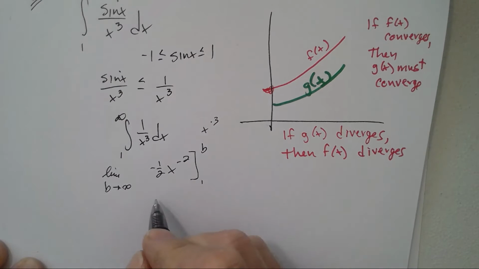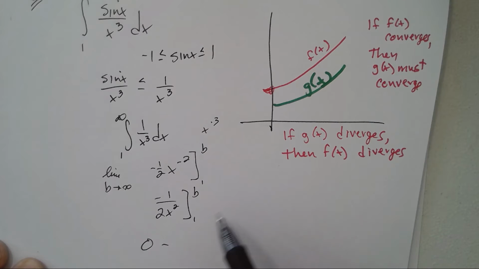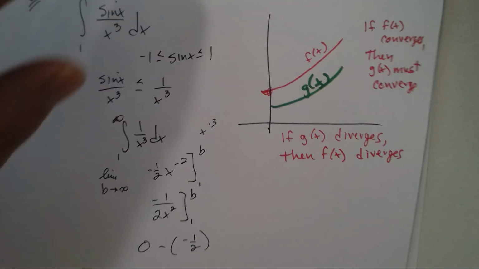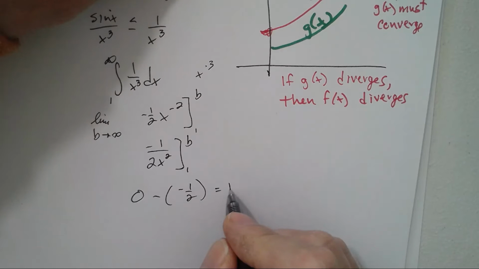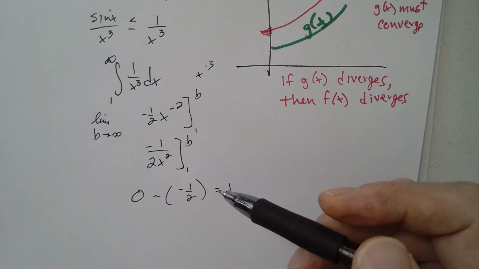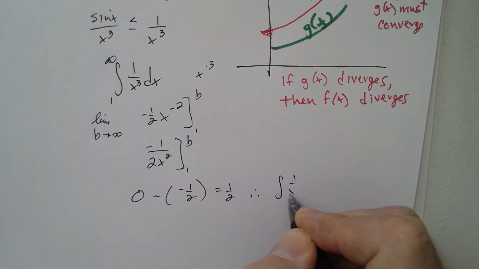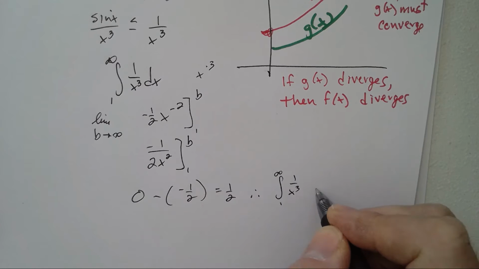If I plug in infinity, I get 0, minus, if I plug in 1, I get -1/2. So 0 minus -1/2 gives me 1/2. Since I got a number, the integral of 1 over x cubed from 1 to infinity converges.